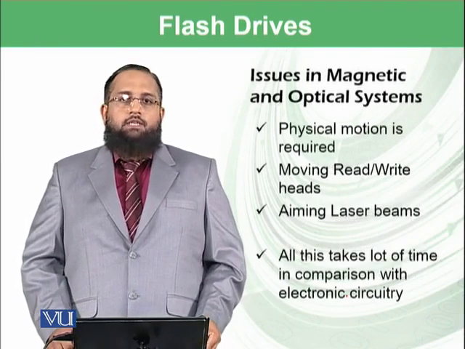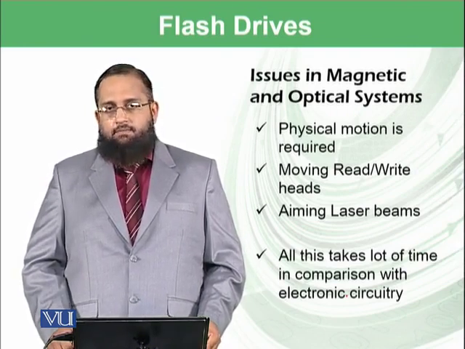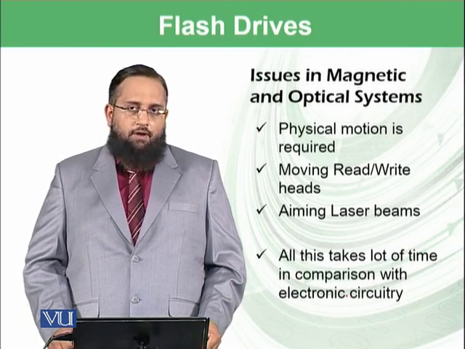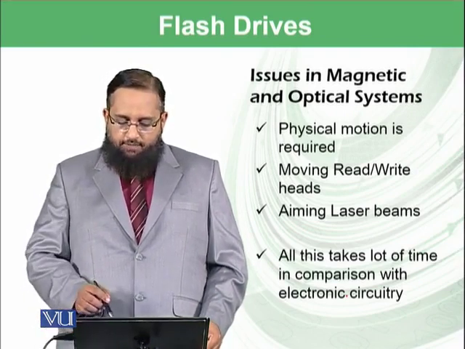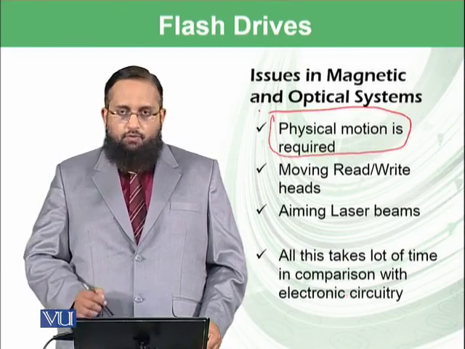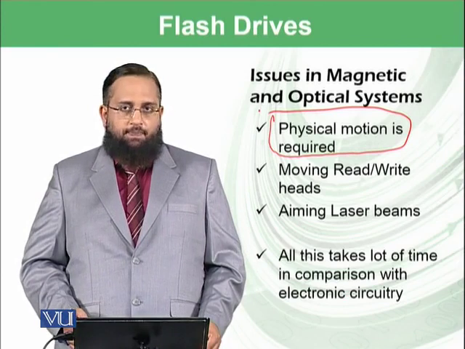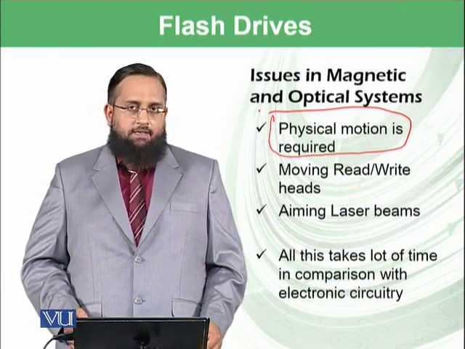What were the issues in magnetic systems, whether it was optical system or hard drive magnetic system? So the issues were the physical motion. So you need to rotate the disk, whether it was magnetic system or the optical system.